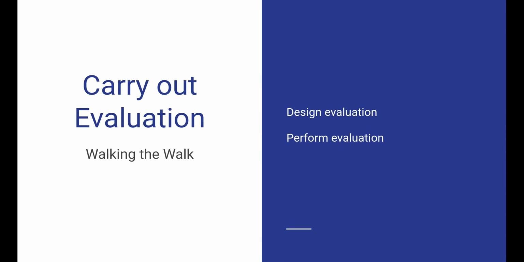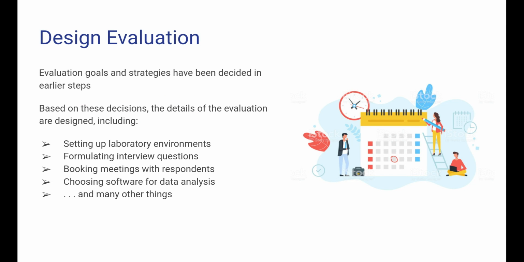When you have selected your evaluation goals and selected your evaluation strategies, as well as research strategies and methods, it is time finally to carry out the evaluation. First, you design the details of the evaluation, and you take many decisions, both small decisions and large ones.